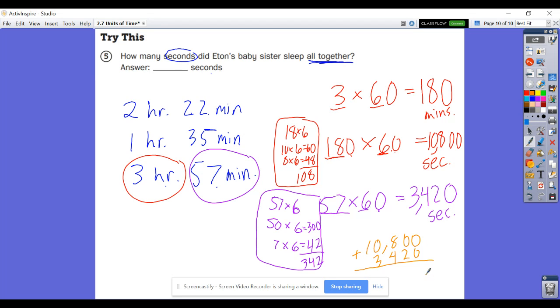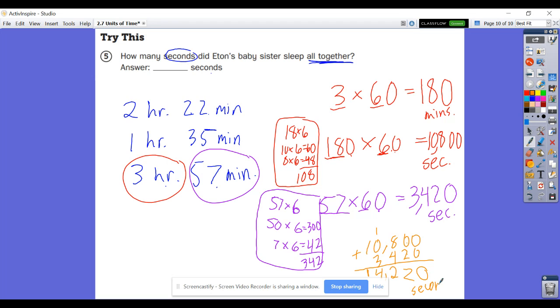0 plus 0 is 0. 0 plus 2 is 2. 8 plus 4 is 12. Put down my 2. Regroup my 1. 1 plus 3 is 4. 1 plus 0 is 1. Woo! So I get 14,220 seconds.